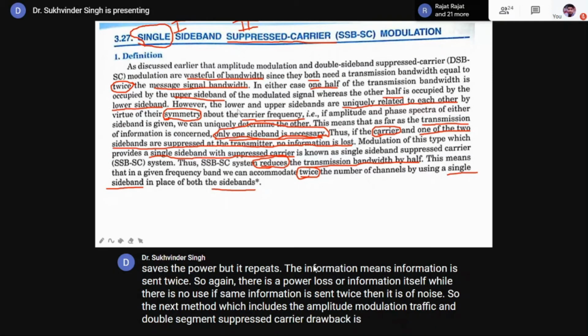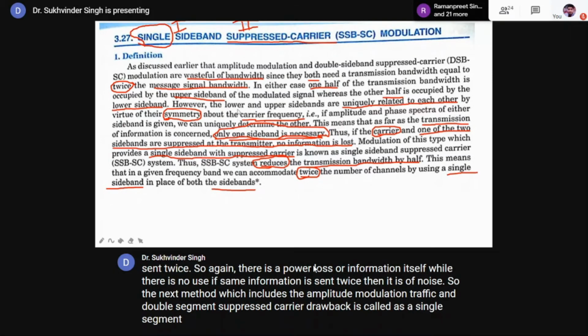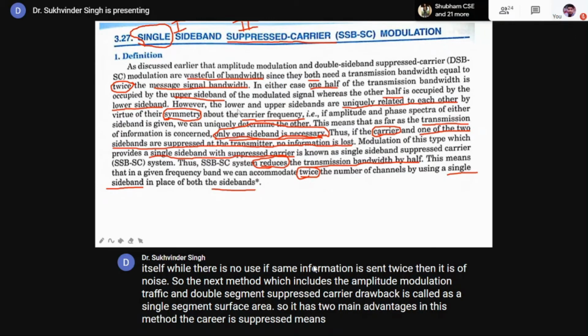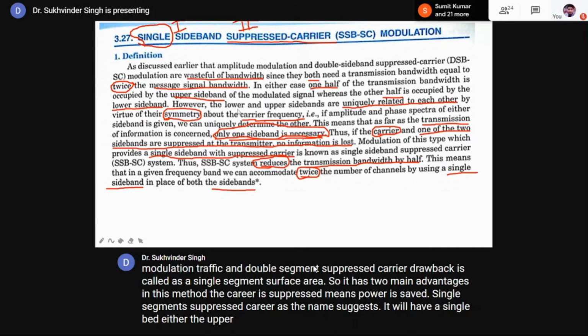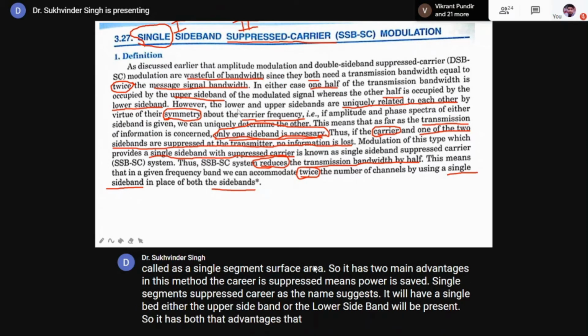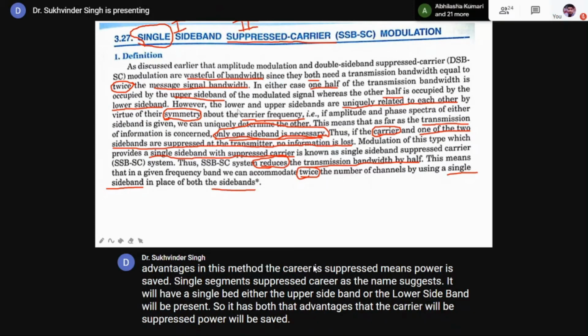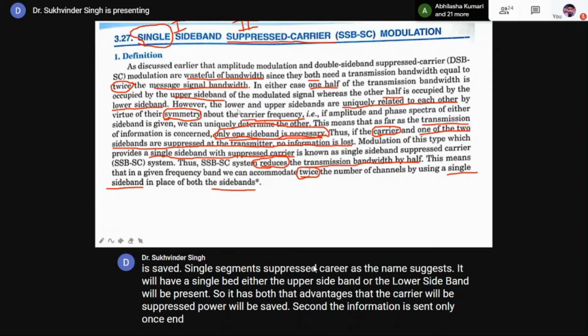It has two main advantages. In this method, the carrier is suppressed, which means power is saved. Single sideband suppressed carrier, as the name suggests, will have a single band, either the upper sideband or the lower sideband will be present. So it has both advantages: the carrier will be suppressed, power will be saved; and second, the information is sent only once, either in the upper sideband or in the lower sideband.